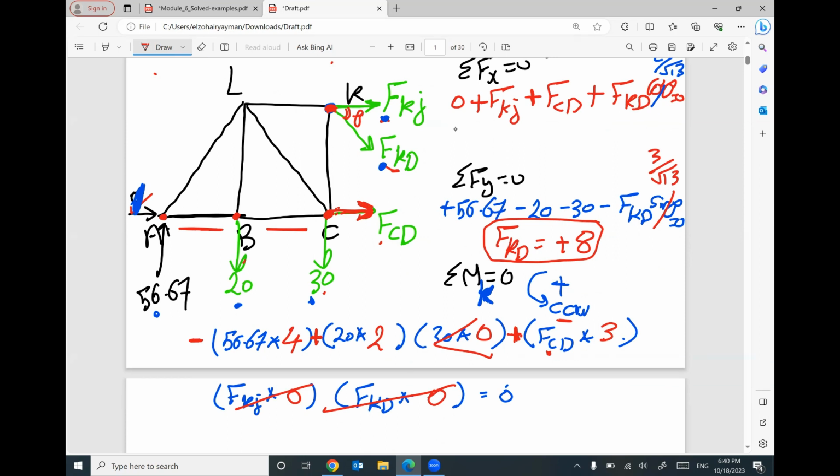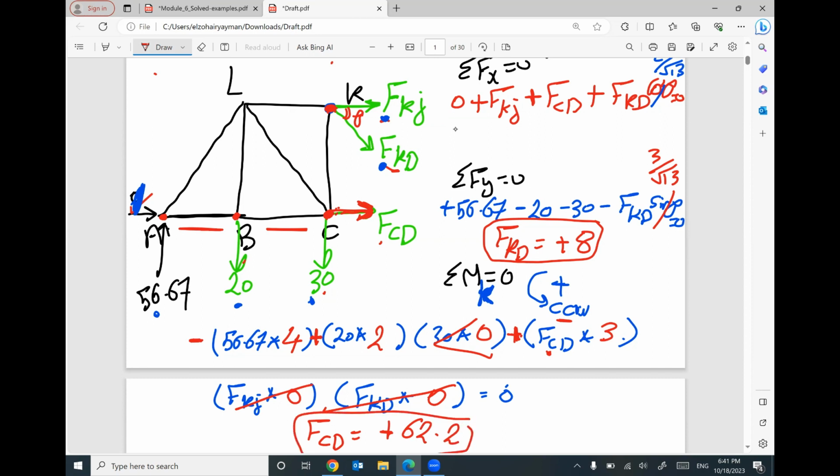The only unknown in this equation is FCD. I can figure it out. FCD will be negative 56.67 times 4 plus 40 divided by 3. This value will be positive, 62.2.